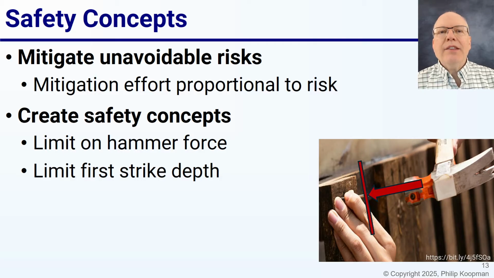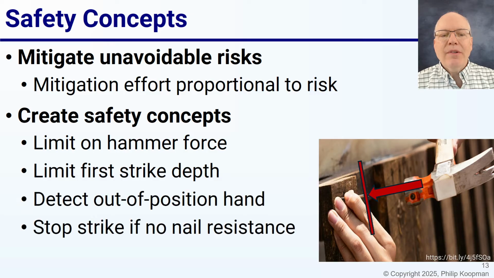So you add some safety concepts, some guardrails, to say even if something does go wrong, if we enforce these guardrails, it's going to limit the harm and take it from a high risk to a low risk by, for example, limiting severity or limiting the probability it will happen. And we might also detect an out of position hand. We might stop the strike if there's no nail resistance. So you create some concepts, ideas to take this thing that used to be pretty dangerous and make it less dangerous, responsive to the hazards we've identified.